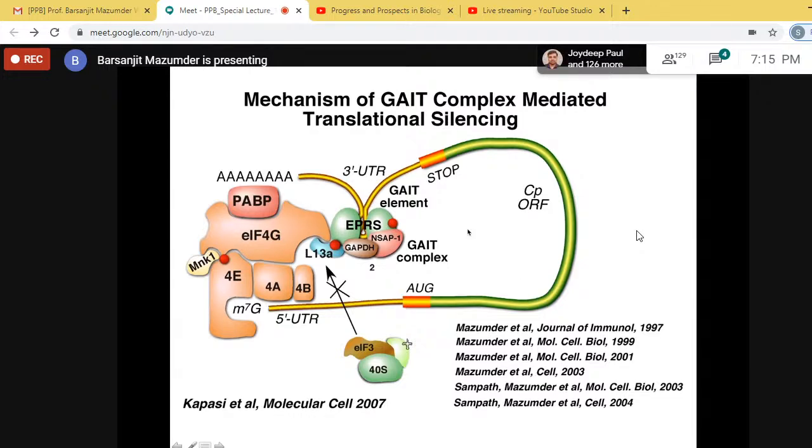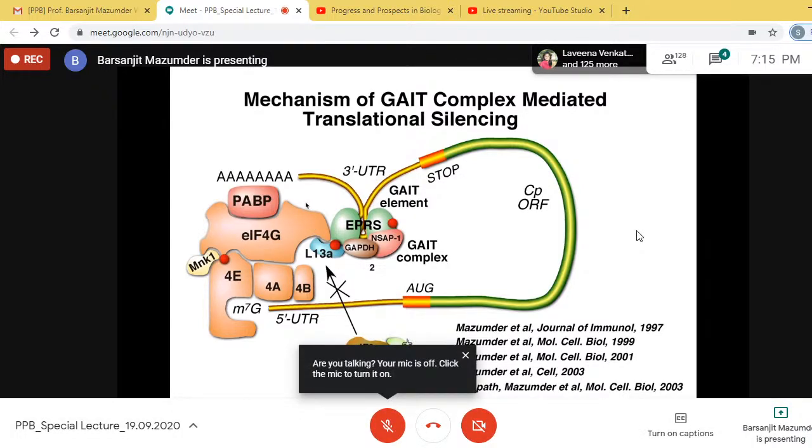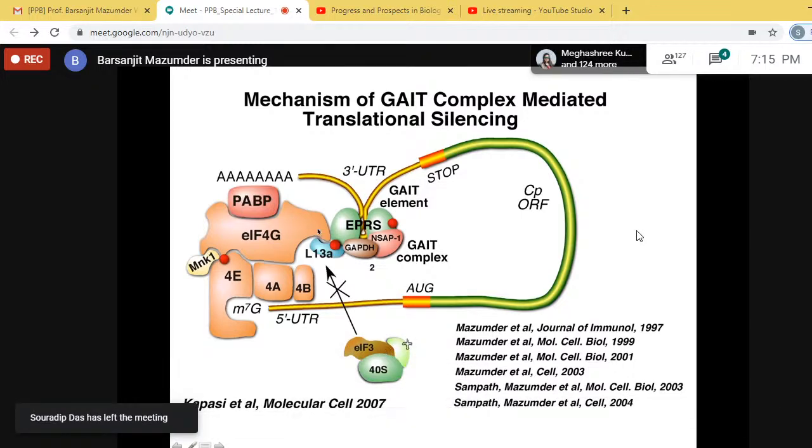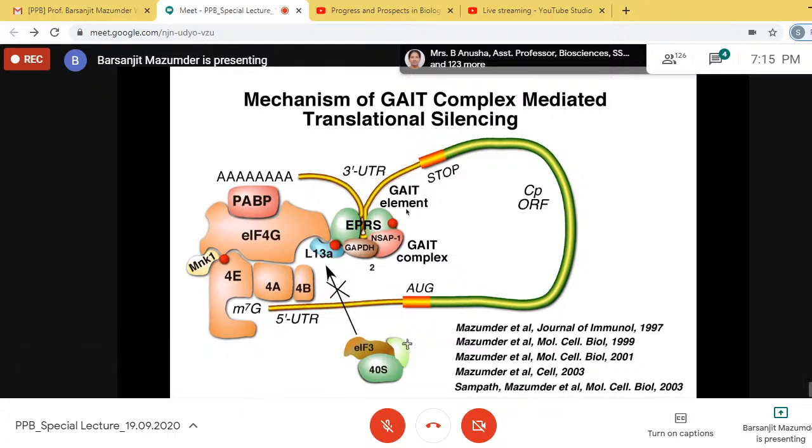So what Purvi has found is that L13A, as a part of the GAIT complex, binding to the GAIT element, can directly interact with the scaffold protein EIF4G and not allow the recruitment of the small ribosomal subunit. If recruitment of the small ribosomal subunit does not happen, then translation initiation does not happen. So this is the way the GAIT complex binding the 3' UTR directly blocks translation initiation.